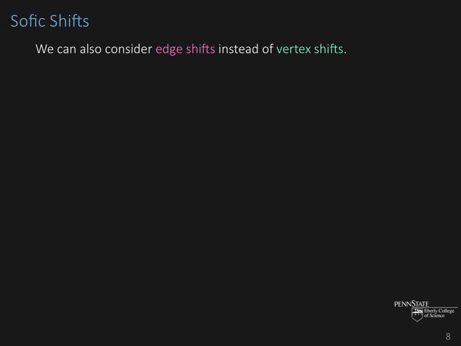I want to finish this lecture by looking at a subshift that is defined on a graph, but not using the vertices as the alphabet entries, but the edges. Here's an example. The graph looks very much like our previous example.